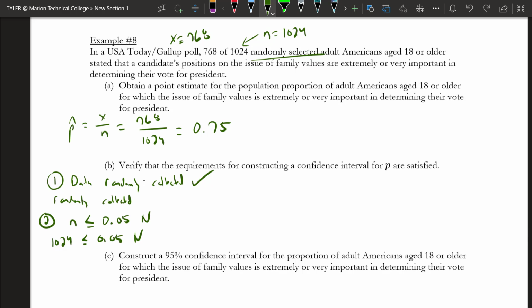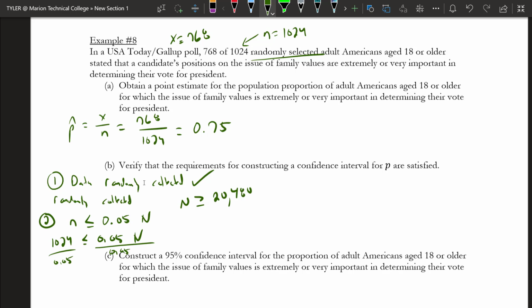Right? So then if I divide both sides by 0.05, what you end up getting is capital N has to be greater than or equal to 20,480, right? So it's safe to assume that there's at least 20,480 adult Americans, right?